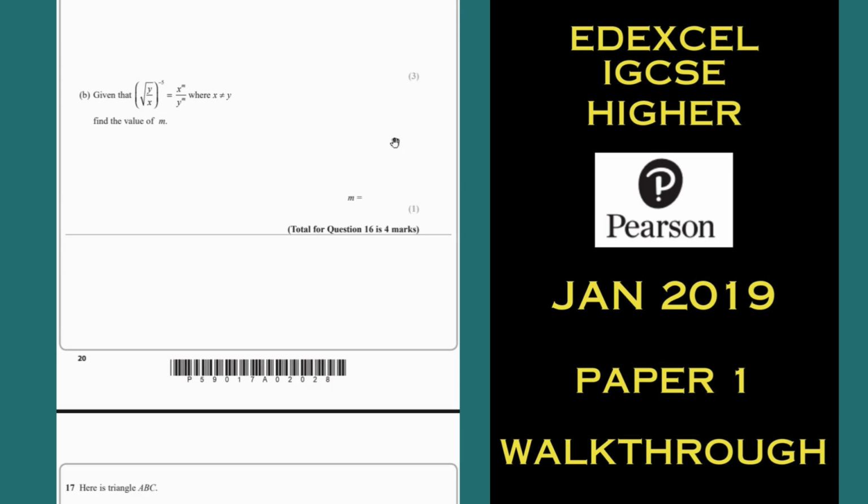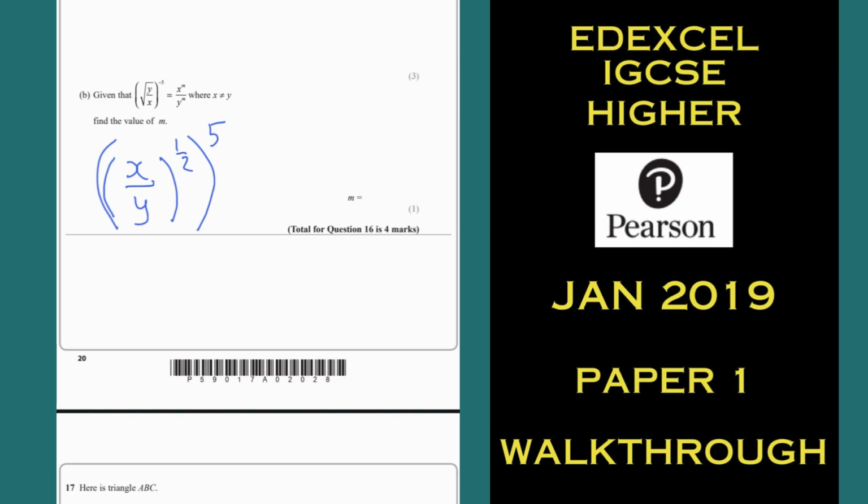So for 16b, slight little thing here, because they've got the minus power and flip the x and y upside down. So just to be careful, power of a half is the same as square rooting. So I would take the minus power, reciprocal. In other words, flip it upside down. And the root is power of a half. Now that's all still to the power of 5.